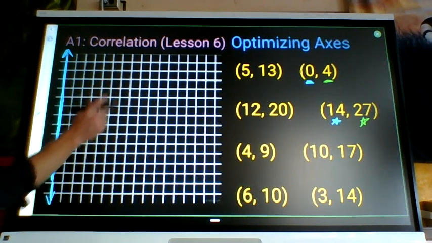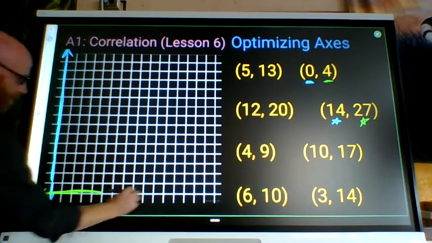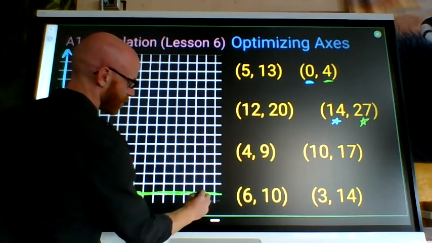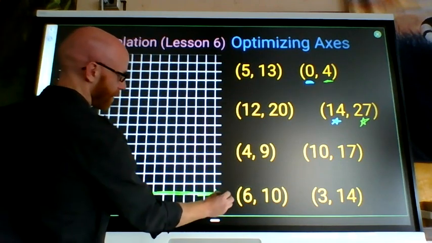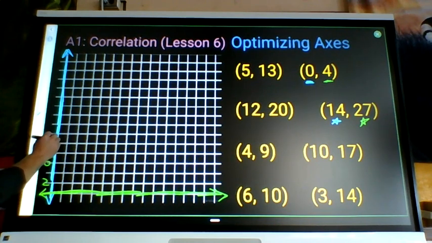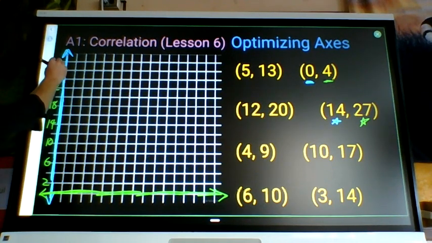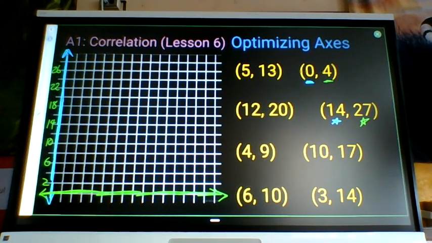And I don't need any negative y's either, so I'm going to put my x-axis way down at the bottom. I only really need the first quadrant for this data. I'm going to count by twos in the y direction: 2, 4, 6, 8, 10, 12, 14, 16, 18, 20, 22, 24, 26.